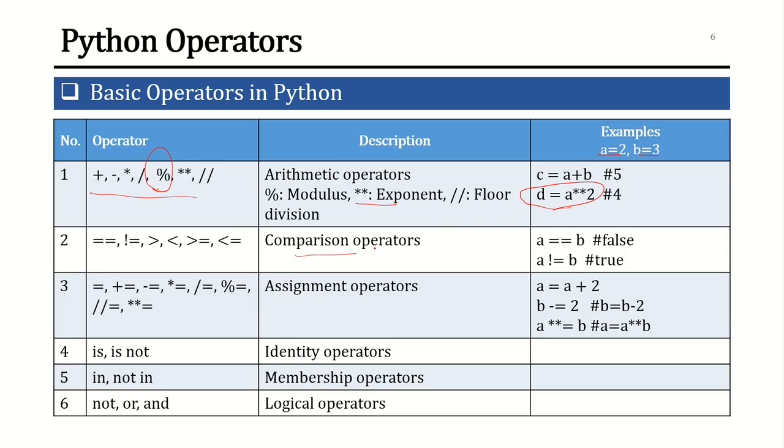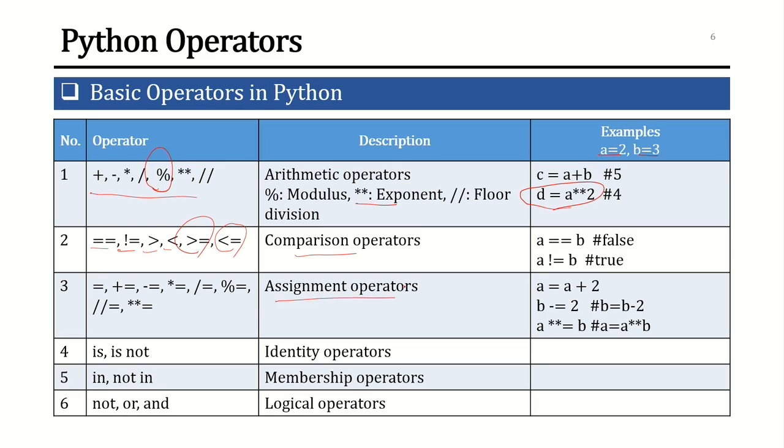For example, we have comparison operators in which you can compare two numbers, two values together. So we have equality, non-equality, greater than, less than, greater than or equals, less than or equals. So it just works the same way in how you write them in C or C++.